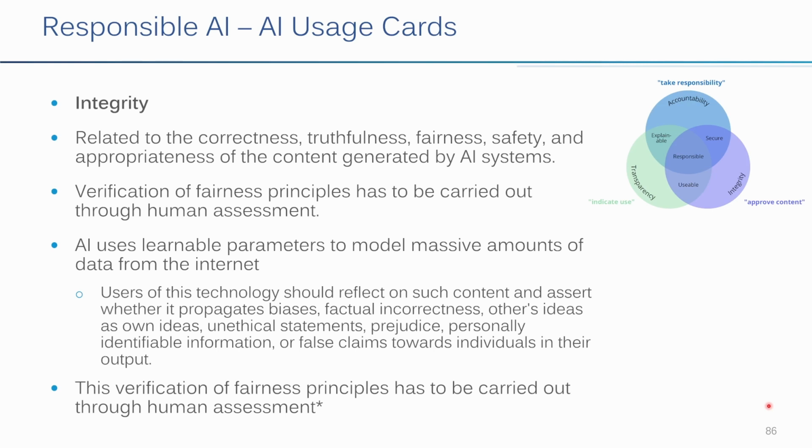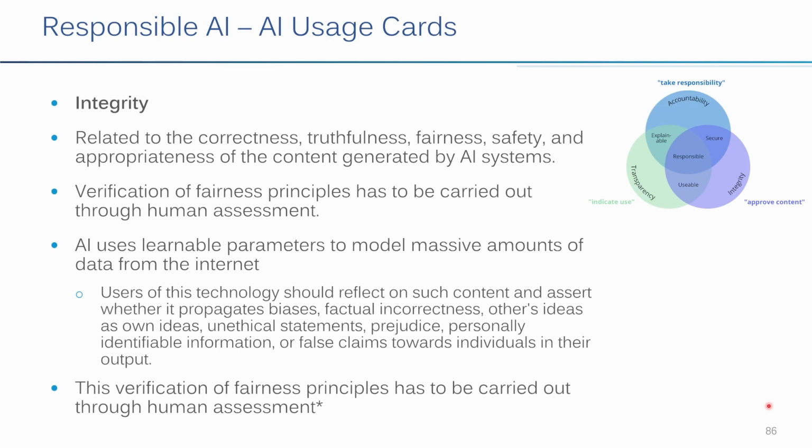So the idea of integrity is that the user of this technology should be able to prevent bias from being propagated to other people. And that, of course, is related to ethical aspects. You don't want to use a tool that's outputting harmful content and then agree with that.